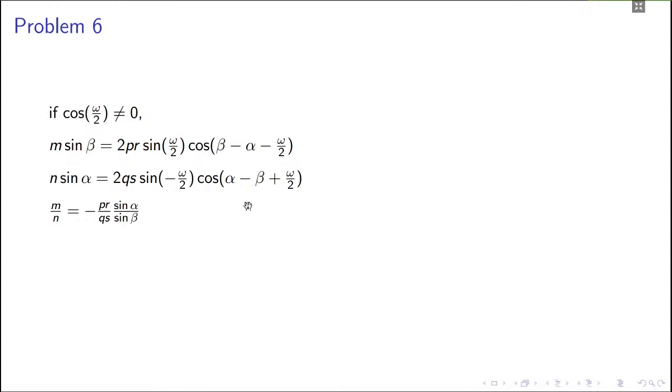What remains is m by n equals minus PR by QS times sine alpha by sine beta. Now m and n are a linear combination of the sides, and this is basically a contradiction. Why? Because this side is positive, and everything here is positive, but there's a negative sign here.